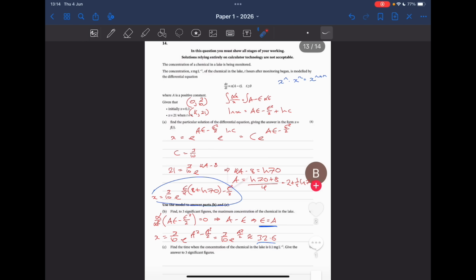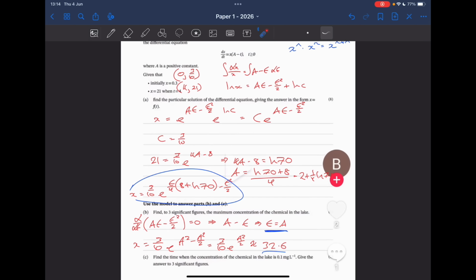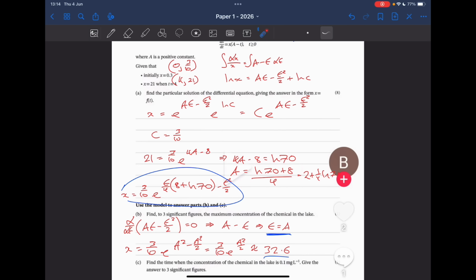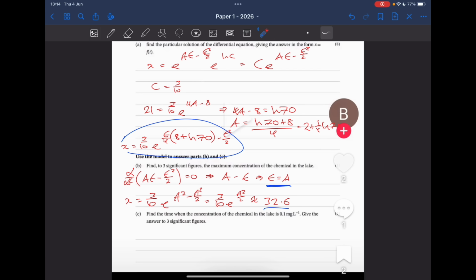They're not so nice to do. If you try and do this with these bits going in there, it is going to be horrendous and you're going to slip up somewhere. Maybe you won't slip up, but you know what I mean? It's much nicer to do with A's. So the actual value for A, I've written down the answer, and then I've written it down and factorized it, just to show the solution in this form, because they didn't say in terms of A. But I've never actually written it down again.